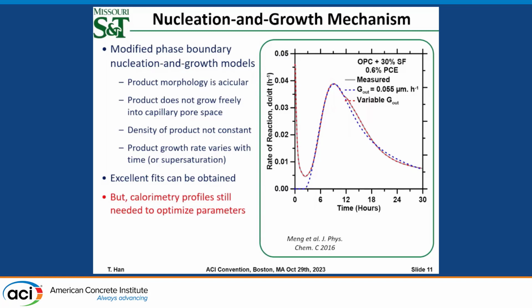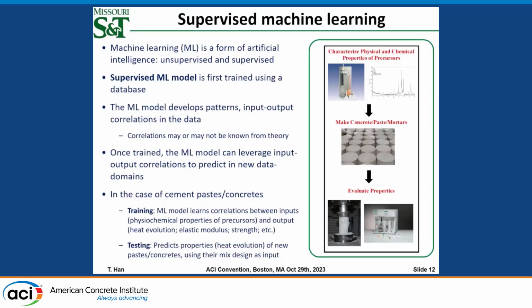If you have a new system, new cement binders, the model cannot predict the hydration kinetics unless you give the growth rate of your hydrate. But we still want to use that model. We know that model is reliable. What can we do? We can combine that model with machine learning. We use a machine learning model to predict the critical parameters used by nucleation and growth rate models.